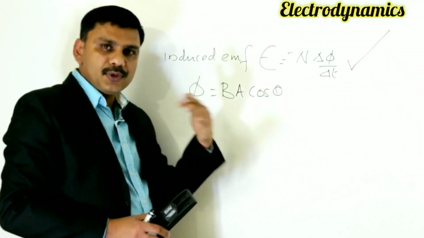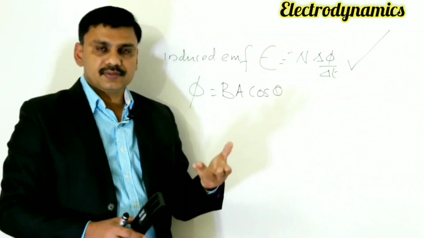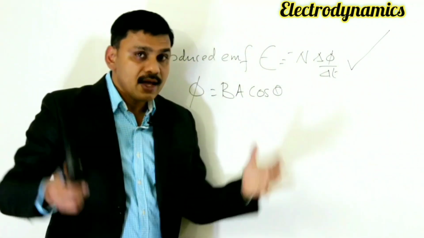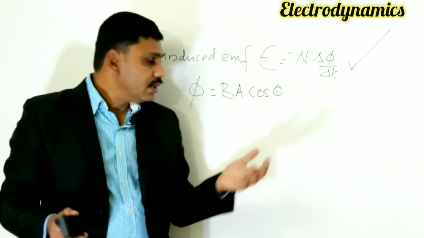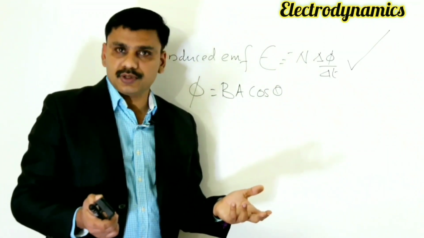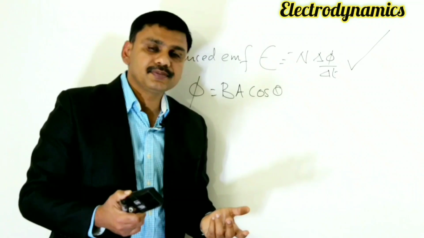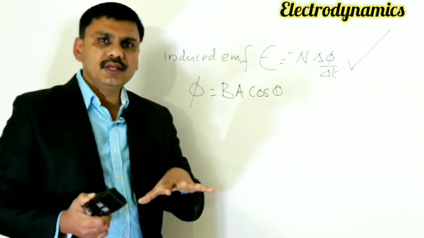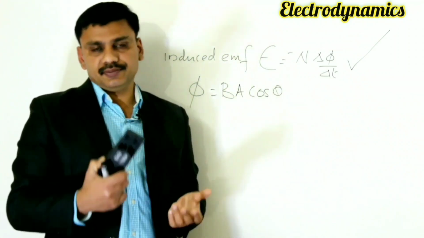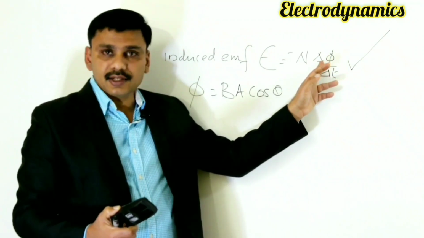Delta phi is produced when a coil rotates in a magnetic field. The magnetic field is a constant. Then what is changing? The angle. The area of the coil is also a constant. So when the coil rotates in a magnetic field, the angle between the normal of the coil and the magnetic field is always changing, and that change gives delta phi.